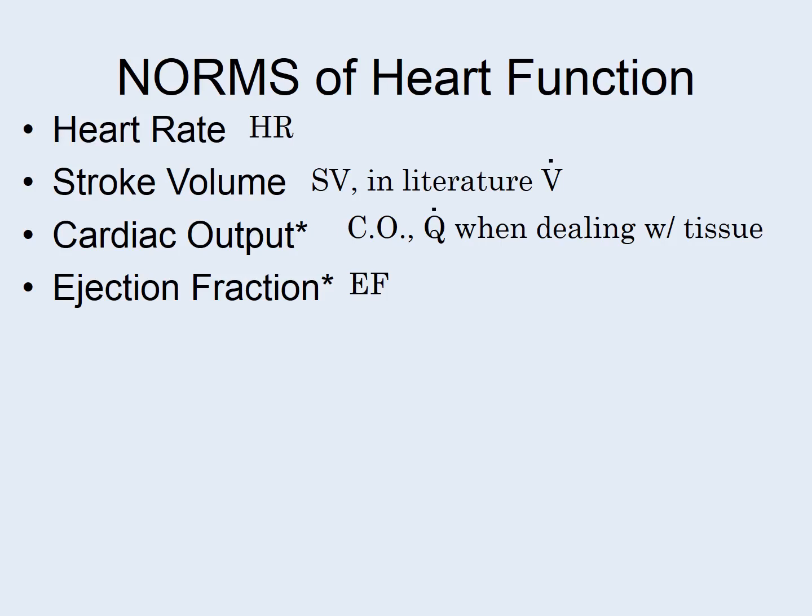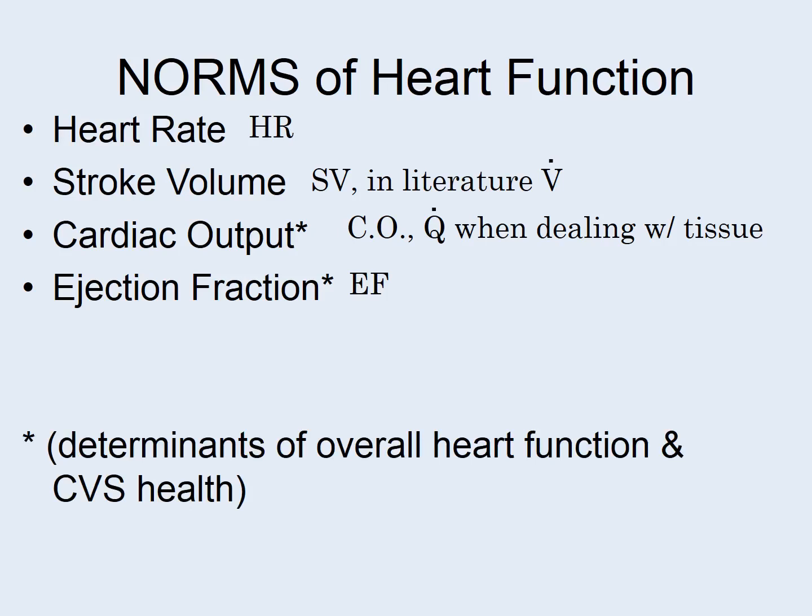The cardiac output is an indication of how much flow is exiting the heart per minute, whereas ejection fraction is the determinant of how much blood is exiting the heart relative to how much is entering the heart via venous return. It's the cardiac output and the ejection fraction which will ultimately provide us with overall determinants for heart function and relative cardiovascular health.